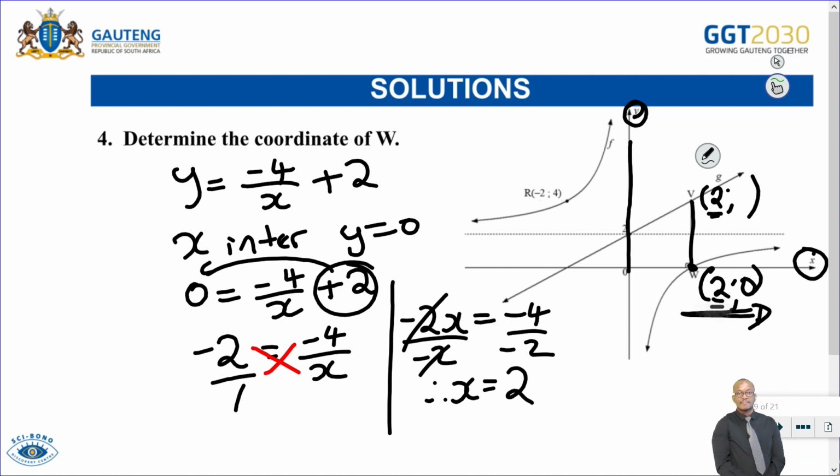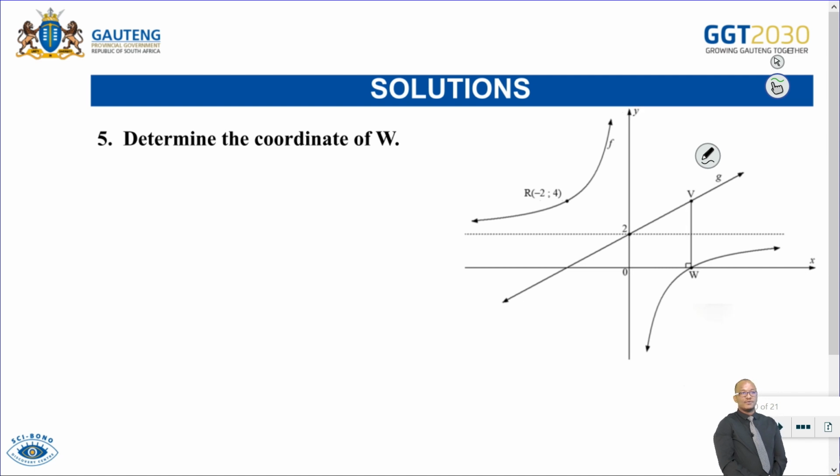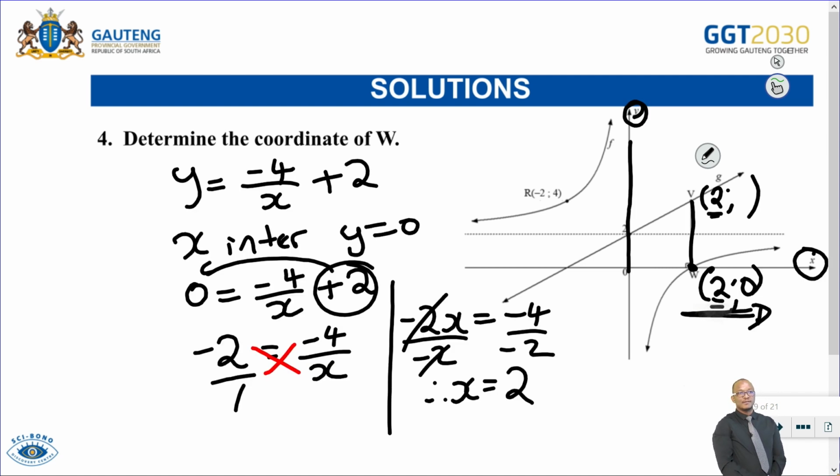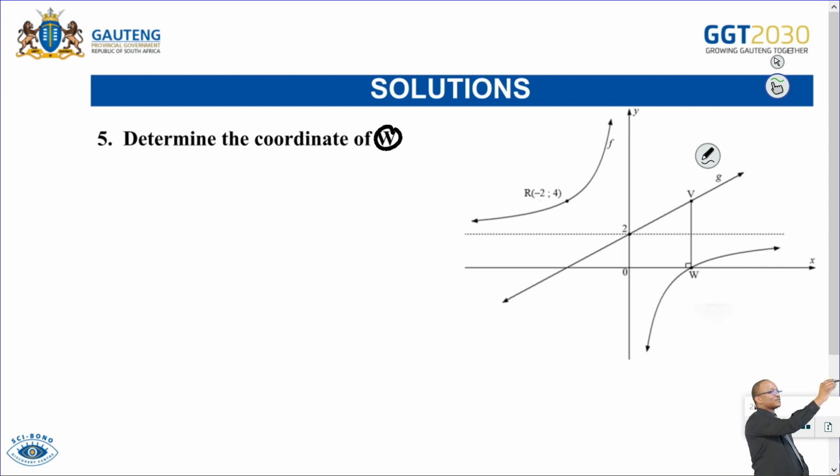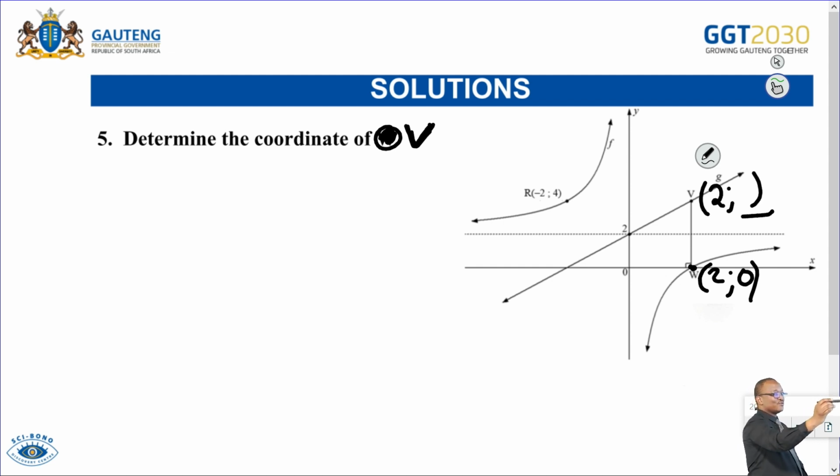So now, looking at this one, it's supposed to be V there. Looking at the values of the coordinate of V, we said W is (2, 0). V is 2 and we don't know.